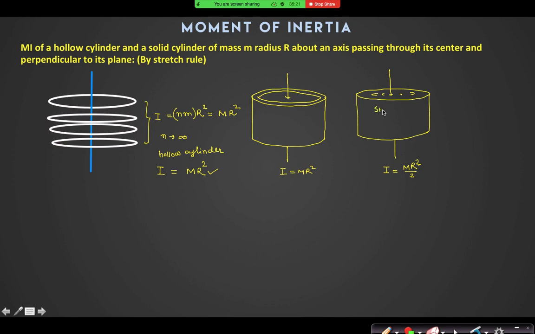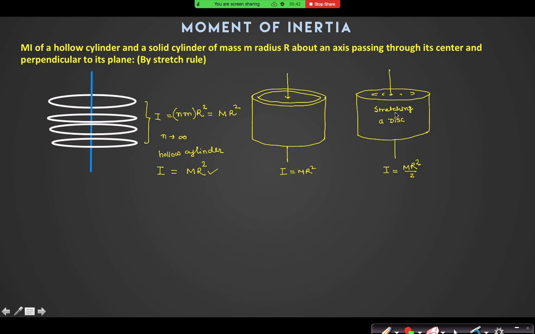Yes or no? Stretching means stretching longitudinally, along the axis of rotation. If this is the disk, and keeping the radius constant, I can stretch that disk along this line.